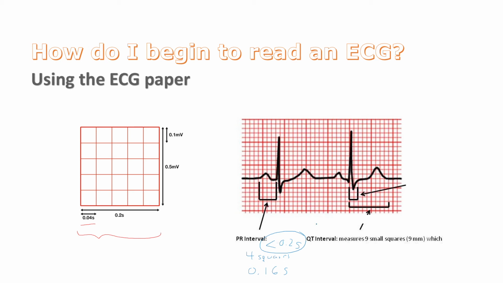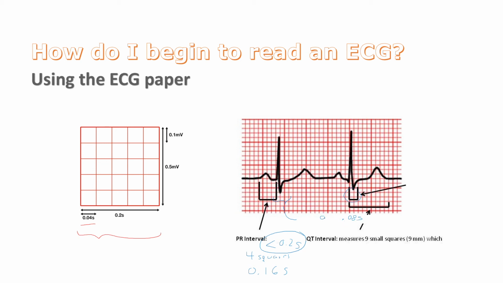Now, the QRS interval. Let's say this could be 1, 2 squares. So the QRS interval measures 2 small squares, which represents 0.08 seconds.